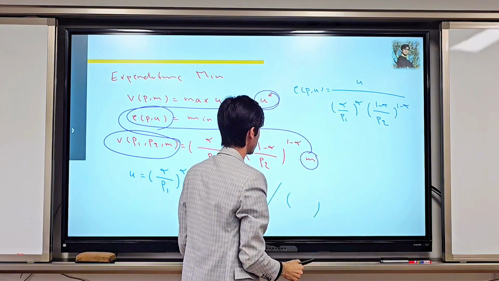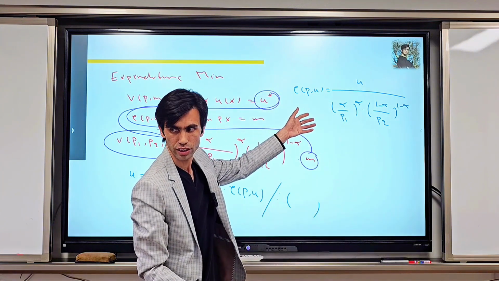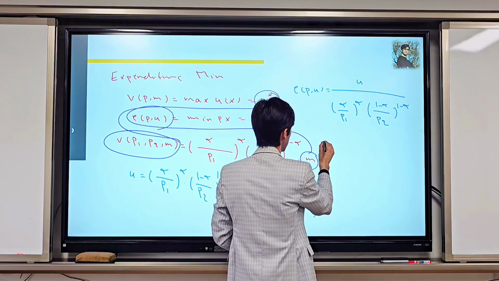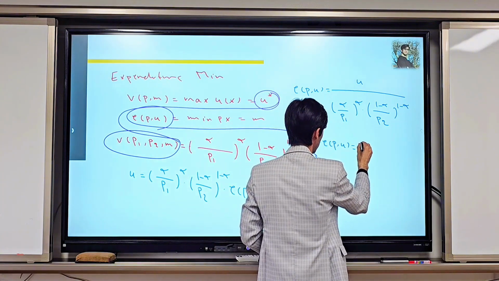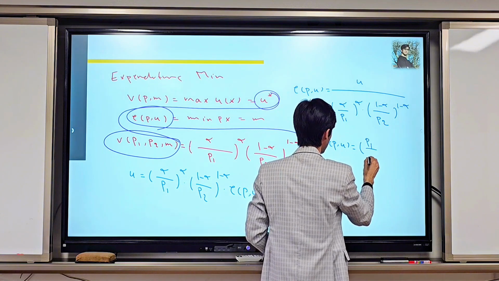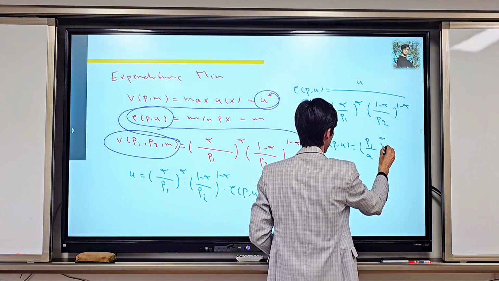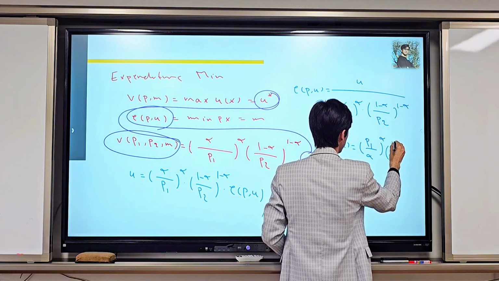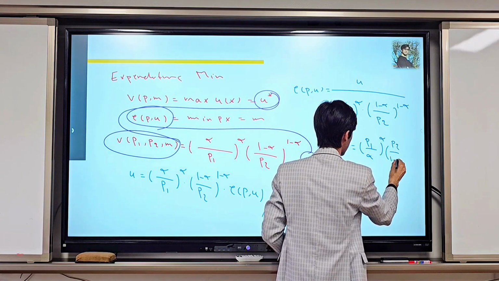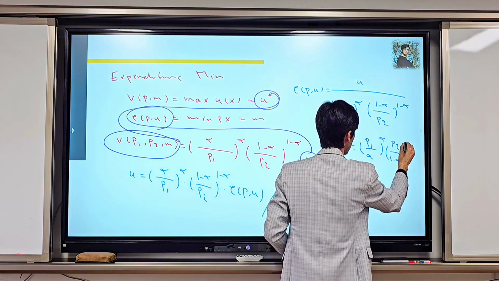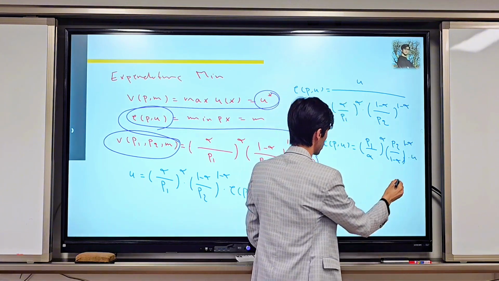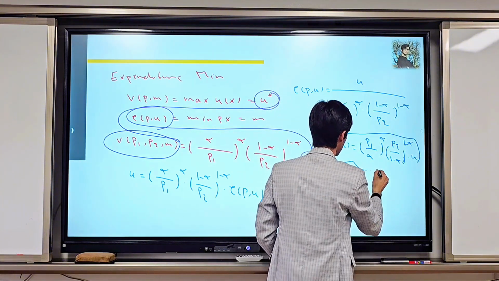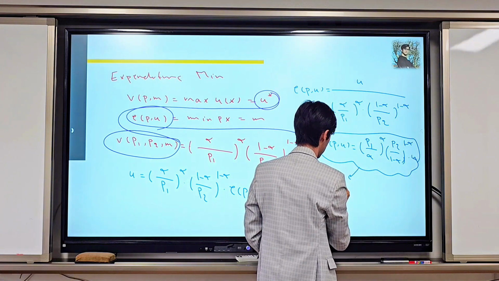Then we can simplify this more. So E of P and U will be equal to P1 over alpha to the power of alpha, P2 over 1 minus alpha to the power of 1 minus alpha, multiplied by U. So this is your expenditure function.